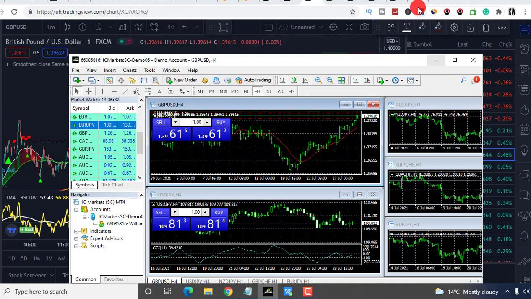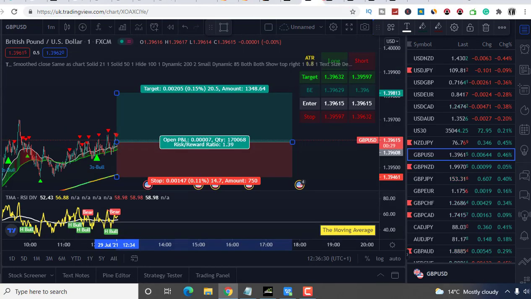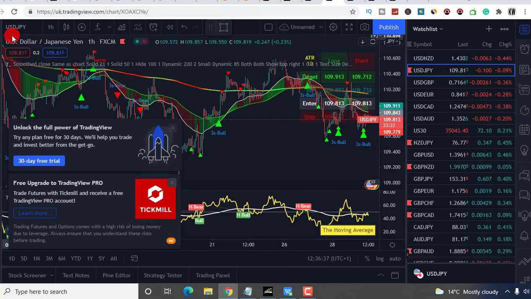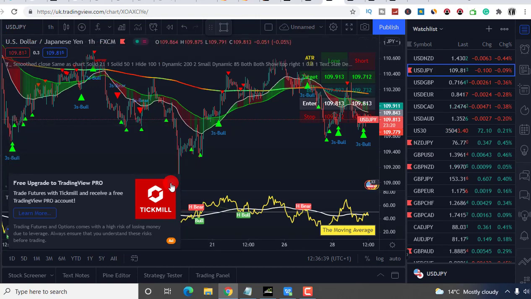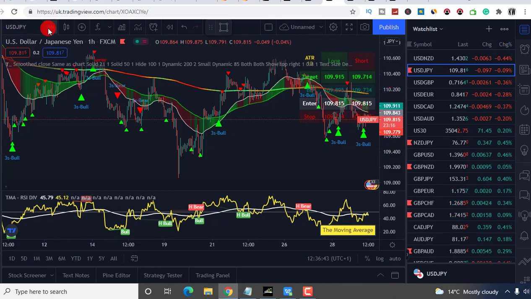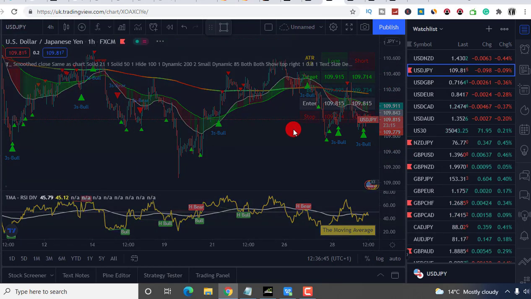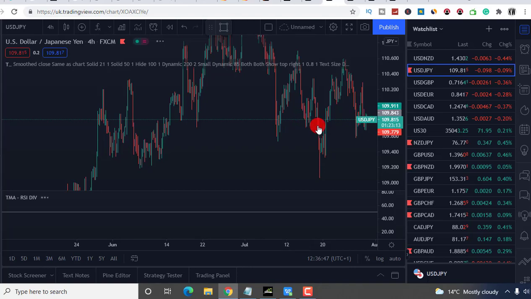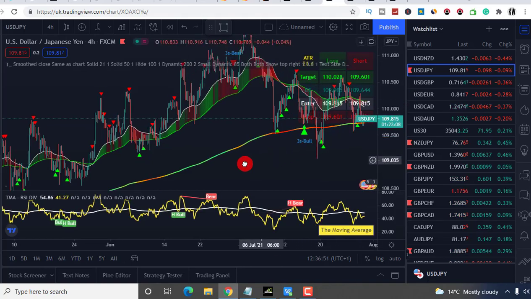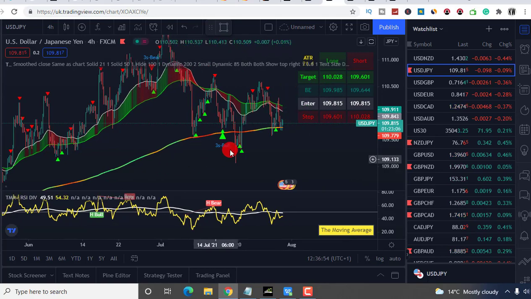That's the first one. For the second pair, what else do we have here? So we have USD JPY. Let's check it out, what we see. Again, I check 4 hours maximum, because again, we're not gonna aim for tons of pips. All we care is to catch 20 pips.